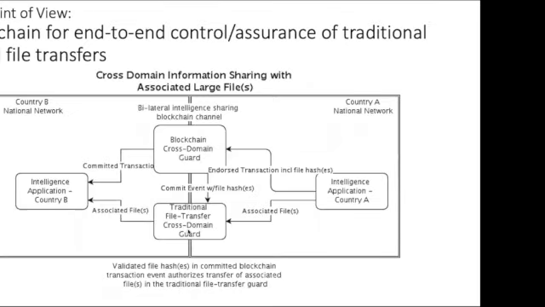What that does for you is provide end-to-end assurance that something you shared across a domain actually got there. This particular diagram shows how it can be used in conjunction with a conventional file transfer guard, because the blockchain ledgers themselves are not designed or intended to store huge amounts of information. Again, a conventional paper ledger was never intended for that purpose, right?